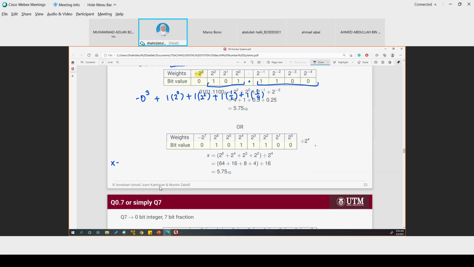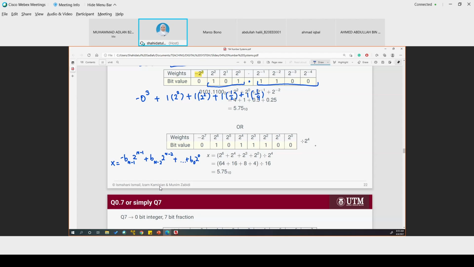X is minus b_(n-1) times 2^(n-1), plus b_(n-2) times 2^(n-2), and so on, like this, until you reach b_0 times 2 to the power of 0.